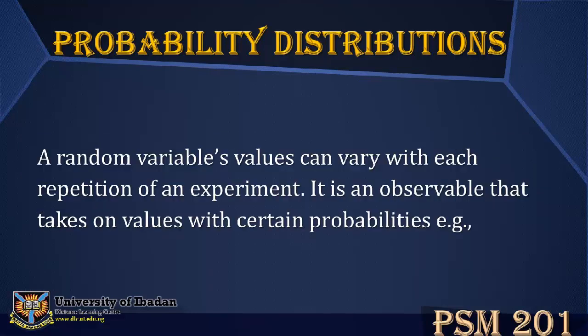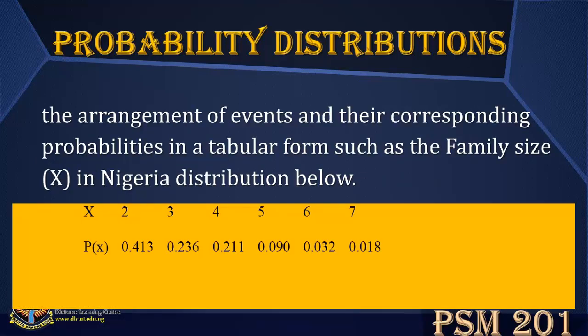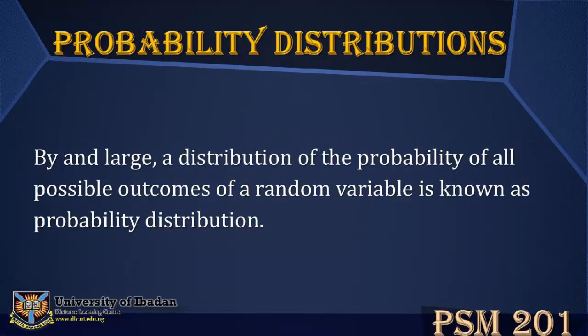A random variable's values can vary with each repetition of an experiment. It is an observable that takes on values with certain probability, e.g., the arrangement of events and their corresponding probability in a tabular form, such as the family size X in Nigeria distribution below.